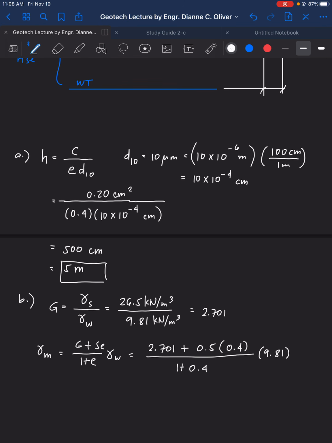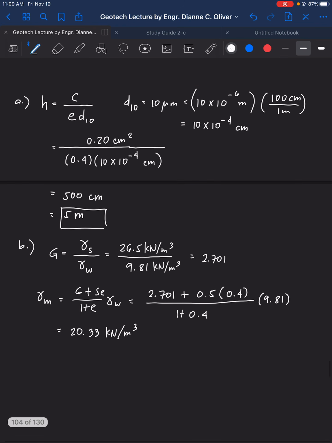So what is now gamma M? Gamma moist is equal to 20.33 kilonewton per cubic meter.